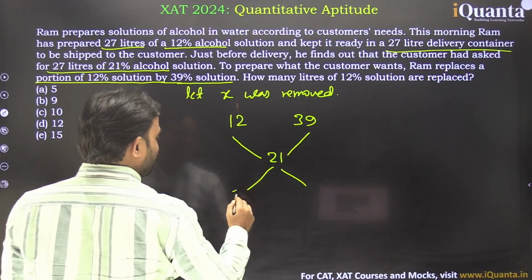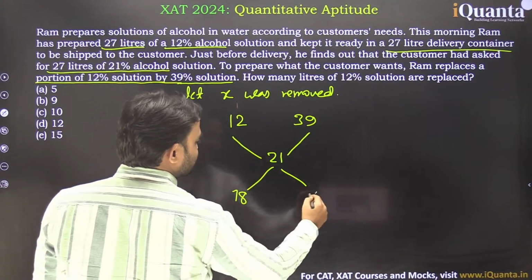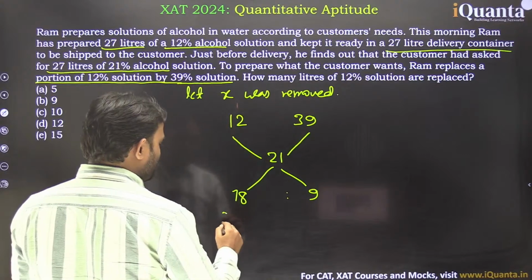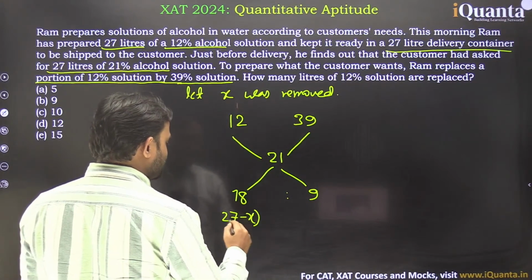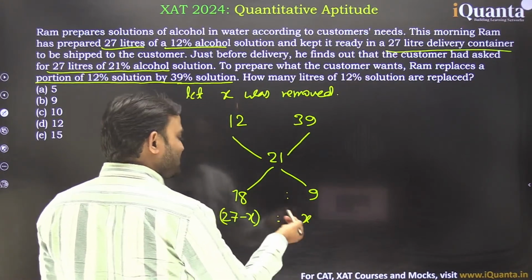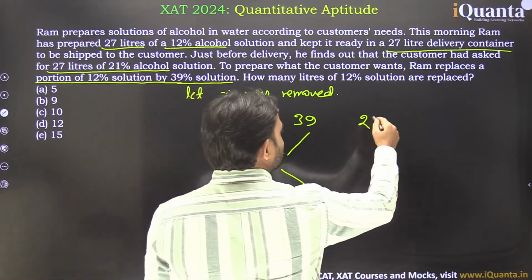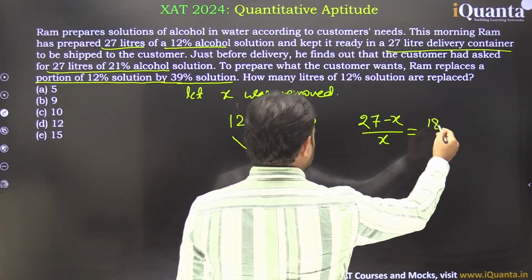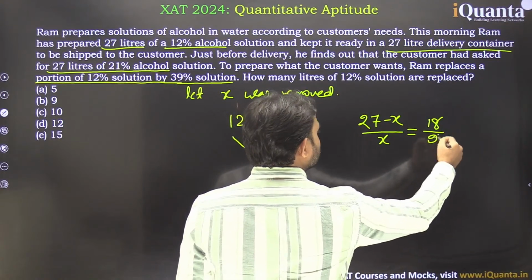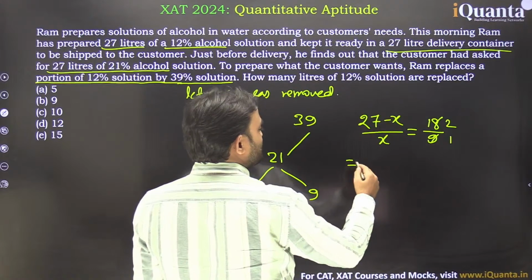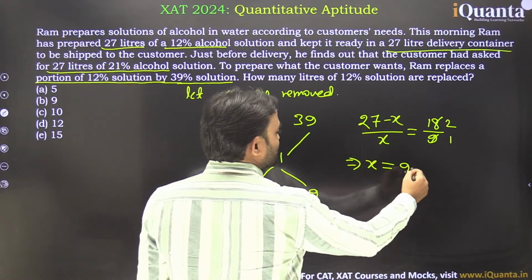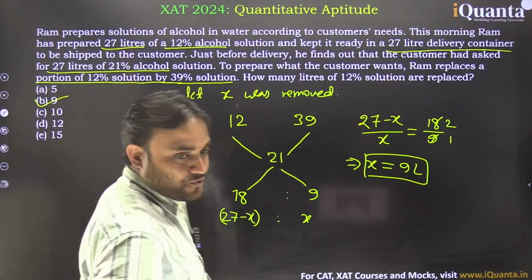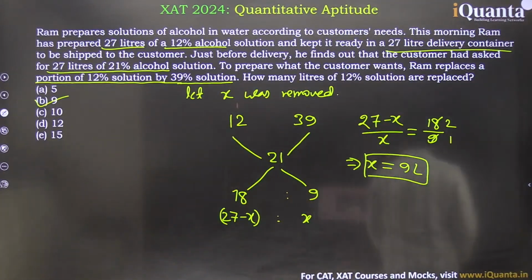So this is 18 and this is 9. So what was left? For 12 it was 27 minus x was left and x was added. So we can say 27 minus x upon x is equal to 18 upon 9, which is equal to 2 by 1. So from here we can say x is equal to 9 liters. So this is what was removed and then added.